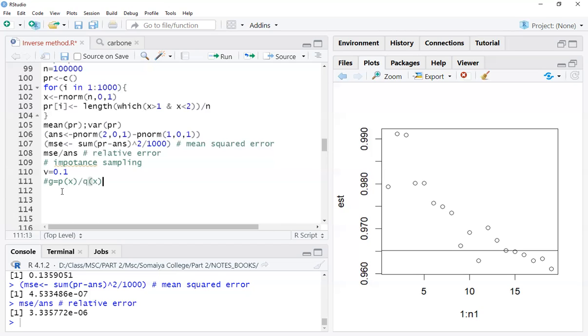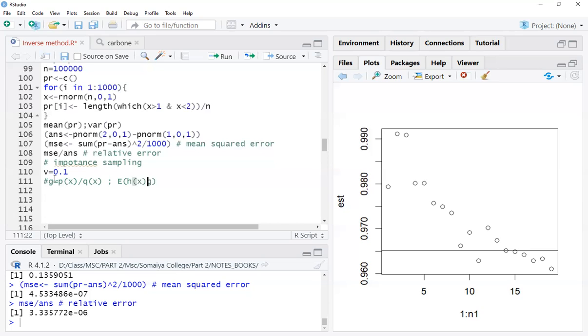And also I'm defining here my e of x, which is h of x into that expected value you obtain. So h of x into g you can consider, because now my g is nothing but p of x upon q of x.